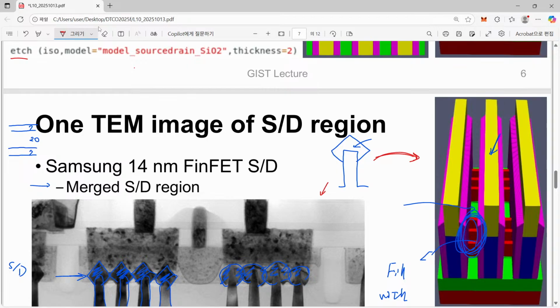if we have to grow source and drain here, then here we have the grown source drain epi and also grown source drain epi.